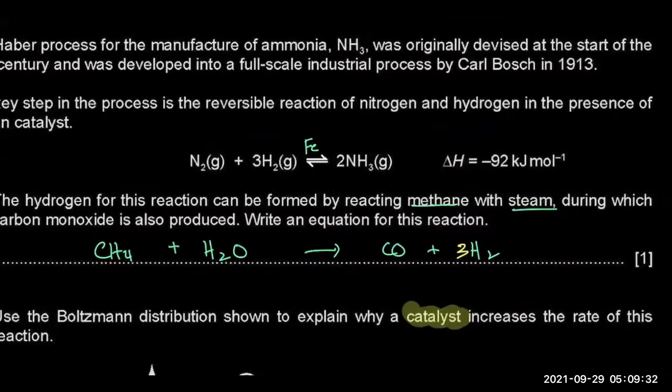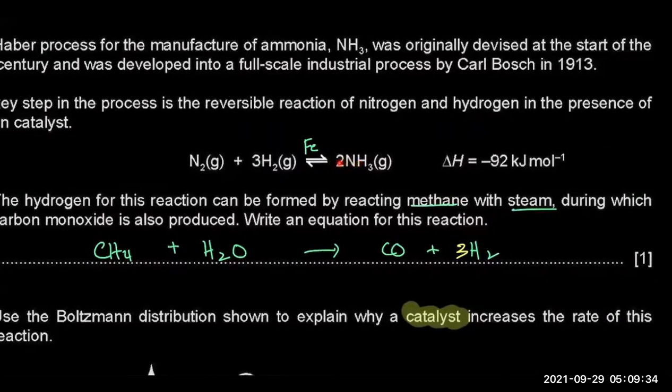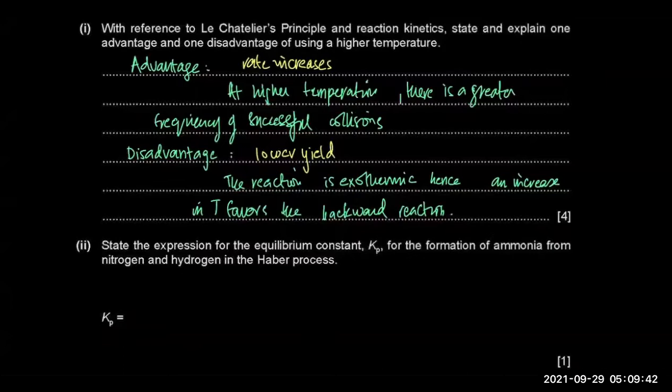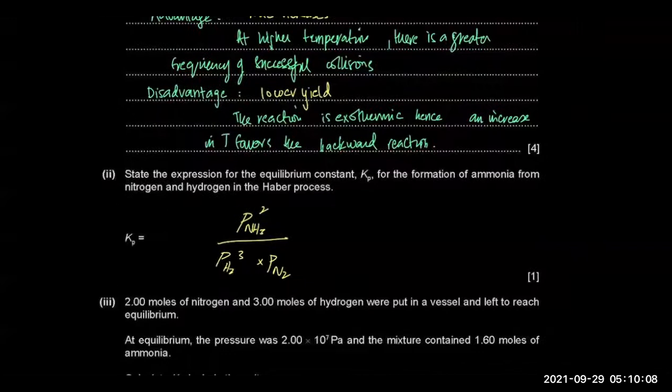We have the partial pressure of ammonia squared, not the moles, the partial pressure, divided by the partial pressure of hydrogen cubed times the partial pressure of nitrogen. Okay, so that's your expression.